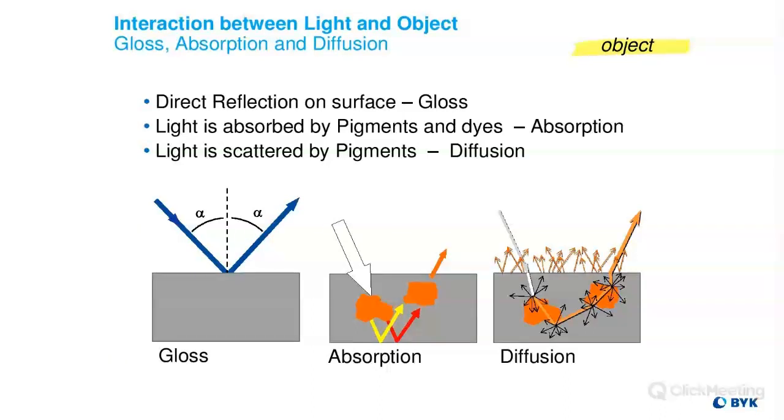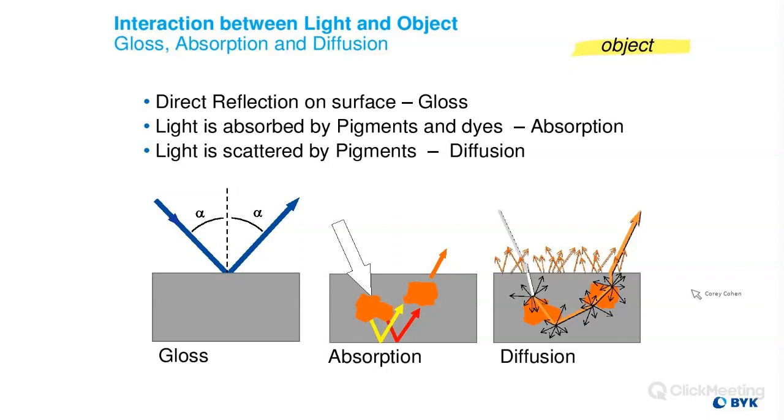So for example, you can see here, this is an orange pigment, and that orange pigment is going to selectively absorb certain wavelengths. Specifically, it's going to absorb most of the shorter wavelengths, the blues and the greens, and it's going to reflect more of the yellows and oranges and reds. And so the mixture of reflected colors is going to be orange.